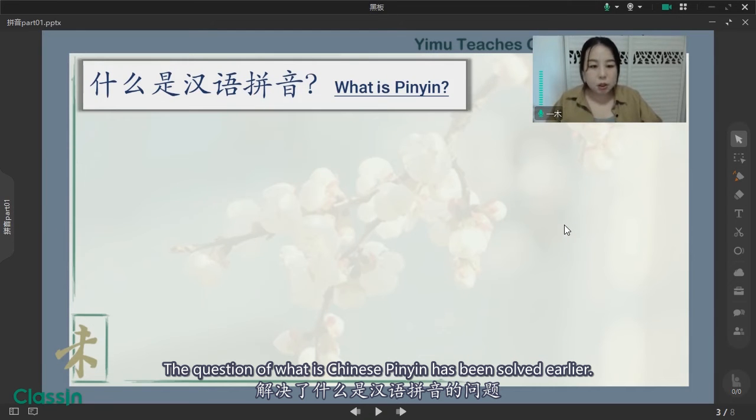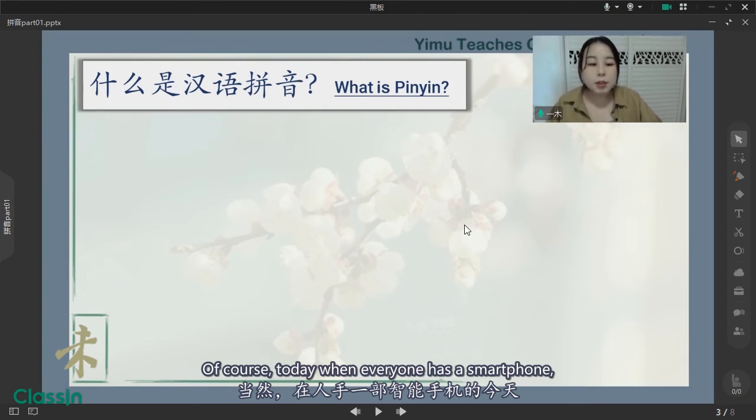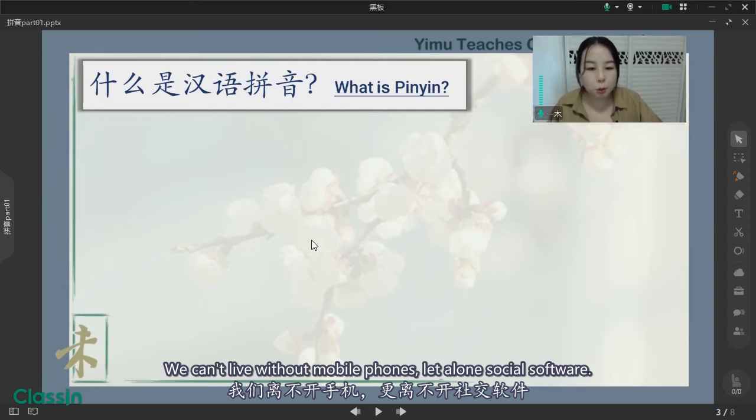The question of what is Chinese pinyin has been solved earlier. Of course, today, when everyone has a smartphone, we can't live without mobile phones, let alone social software.